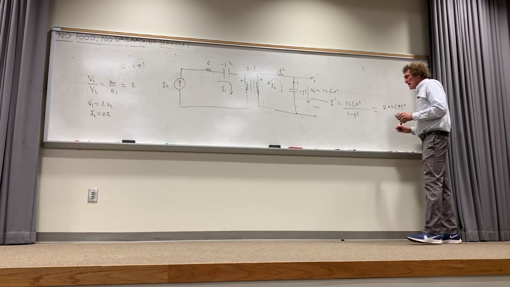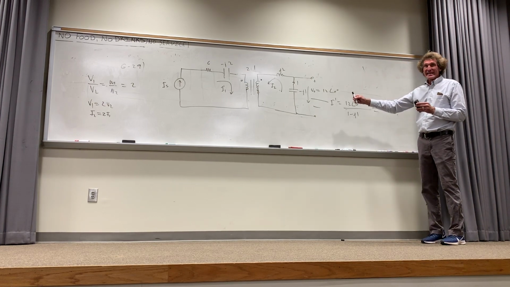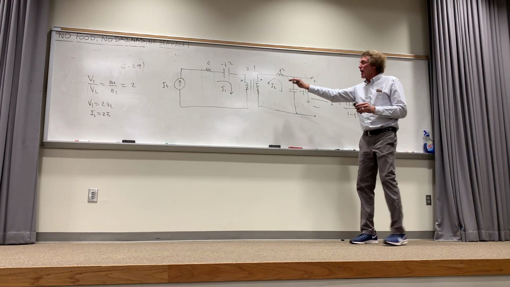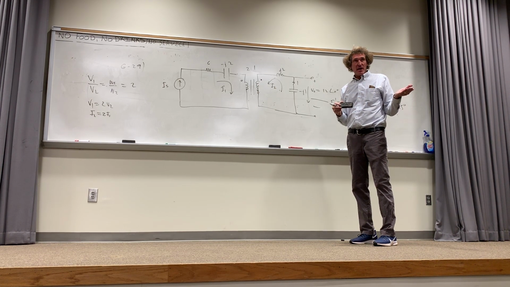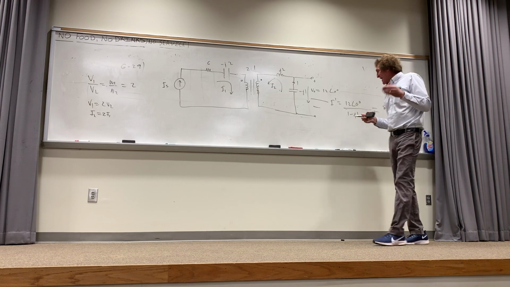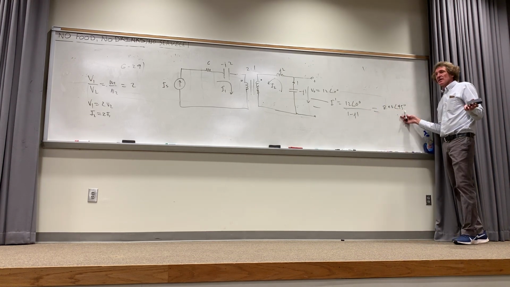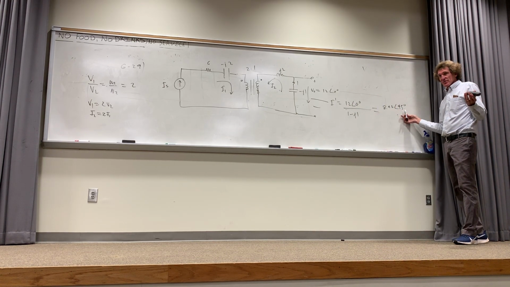Now you'll notice that current is flowing down, opposite of I2. Do you all see that? So I2 is just the negative of that. Or you can simply add or subtract 180 degrees to this and you get the right answer. You can put a minus sign there, or subtract 180 degrees.